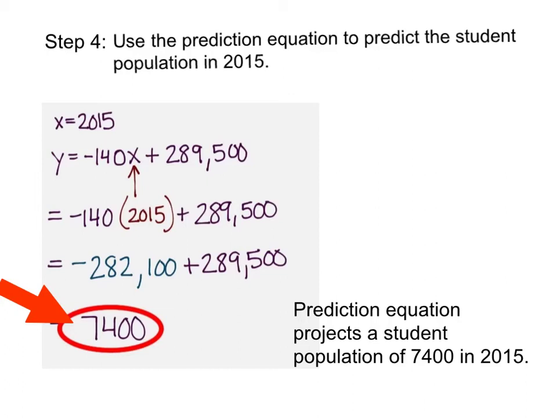That doesn't mean that it's going to be the actual student population. What it means is that if we continue down this path with these current trends in student population, if we continue to decrease at this rate, by the time 2015 hits, we will be at 7,400 or somewhere within that ballpark.